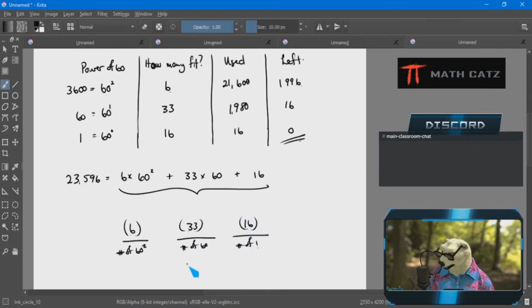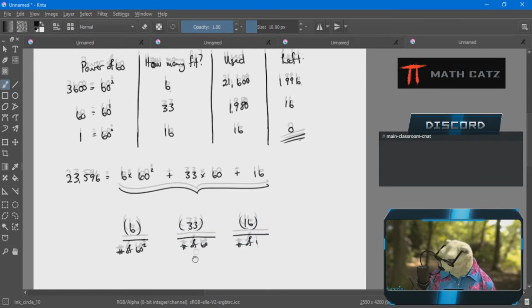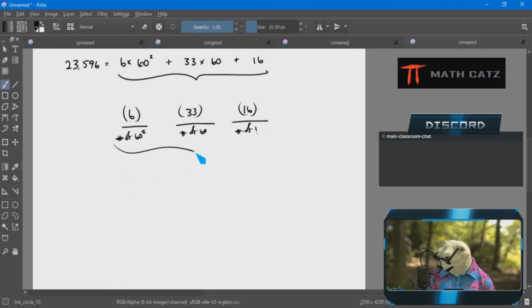Now I just have to translate it to the appropriate symbols, which I will do. 6, well, those are just 2 rows of 3, space, 33, space, 16, a 10 and 6 ones.